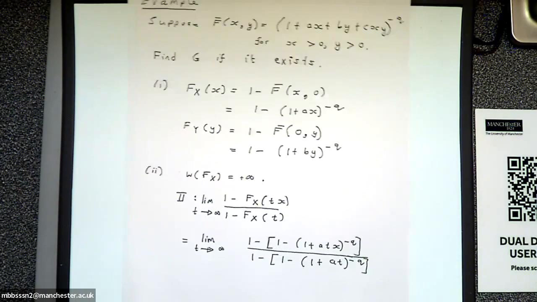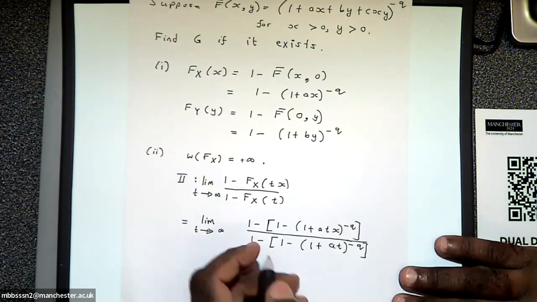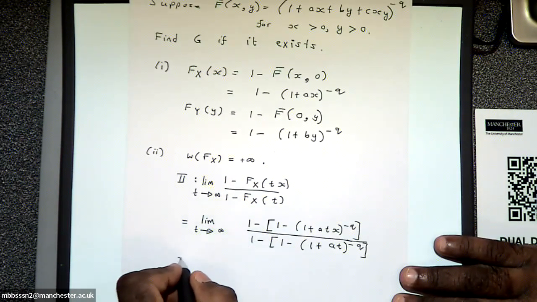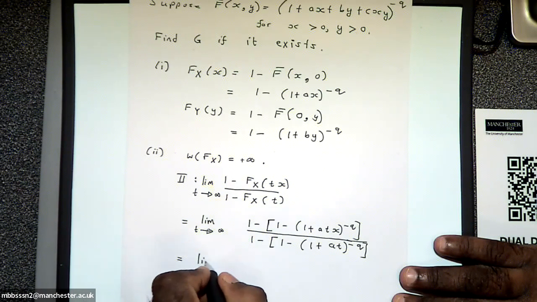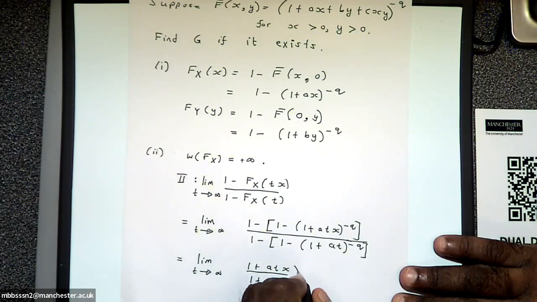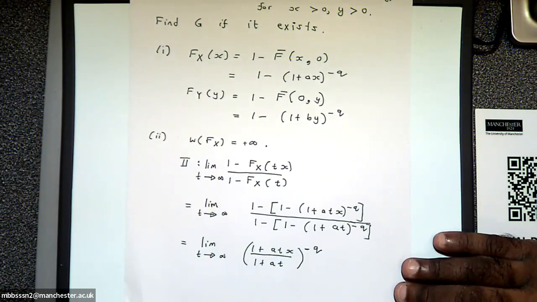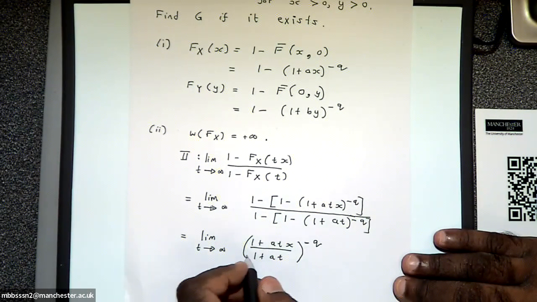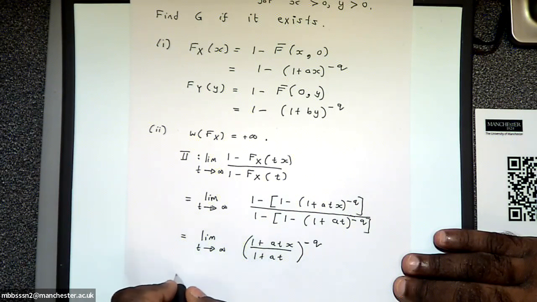Okay. This is what you get. Now the 1 and the 1 cancel, so this gives you the limit. Now what I'm going to do is divide the top and the bottom by t.